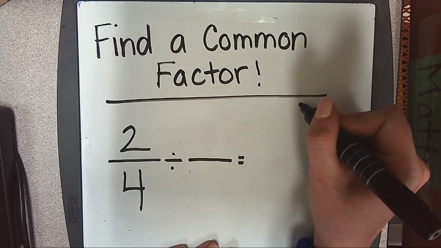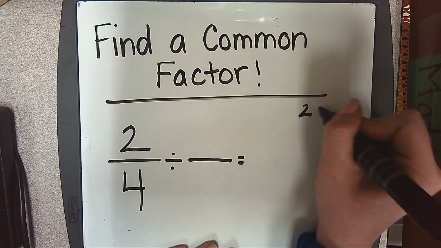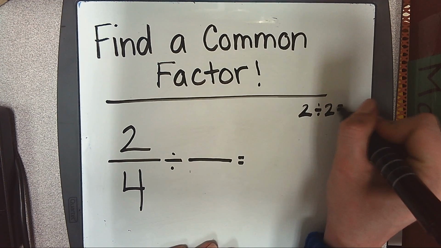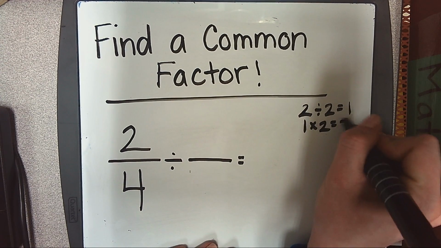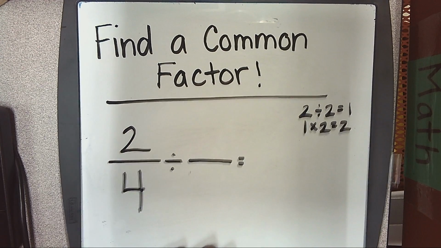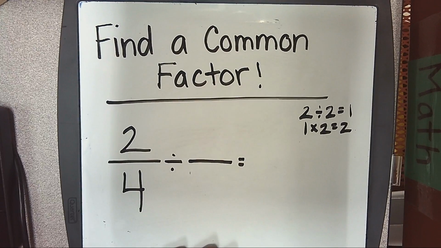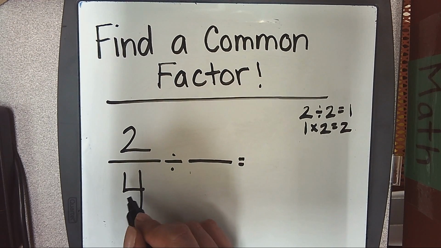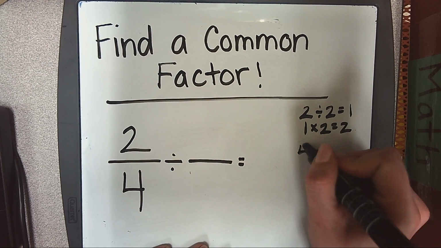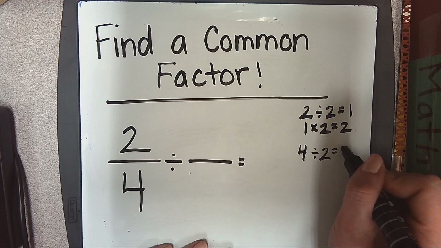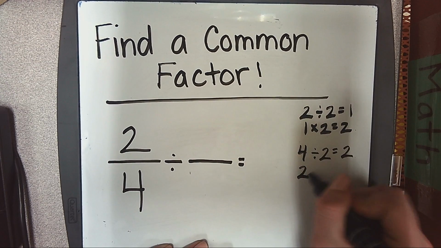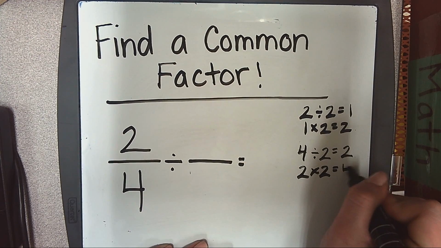Well, I know that 2 divided by 2 equals 1 because 1 times 2 equals 2. 1 and 2 are 2's only factors. It is a prime number. 4 can be divided by 2. 4 divided by 2 equals 2 because 2 times 2 equals 4.